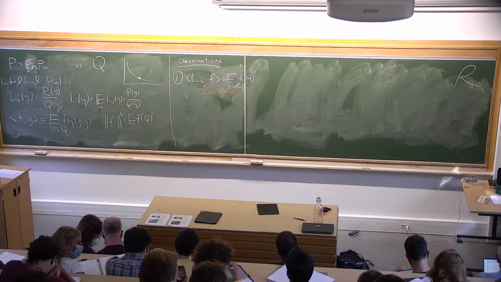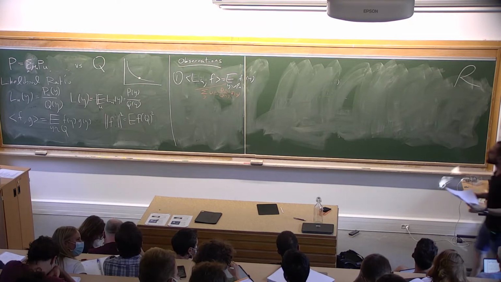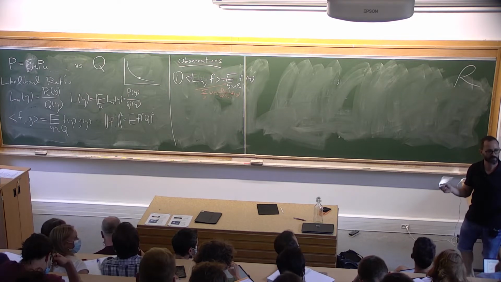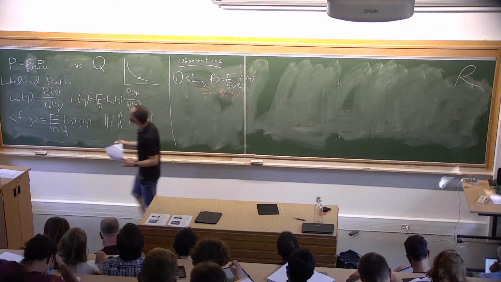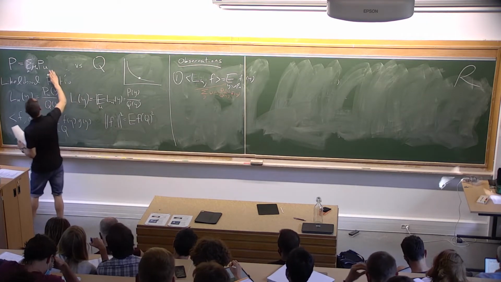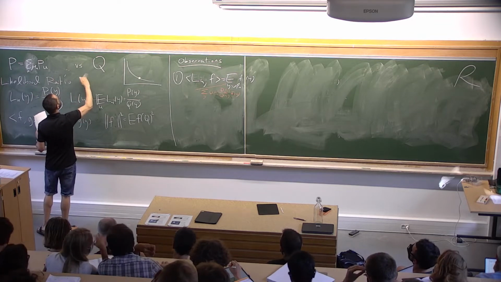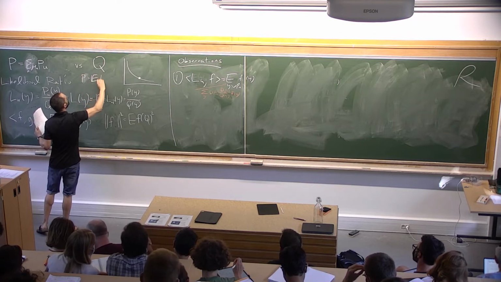So P of Y is just the probability of Y. And if we think of P as a function, then you can think of P also as the expectation over U of P_U.